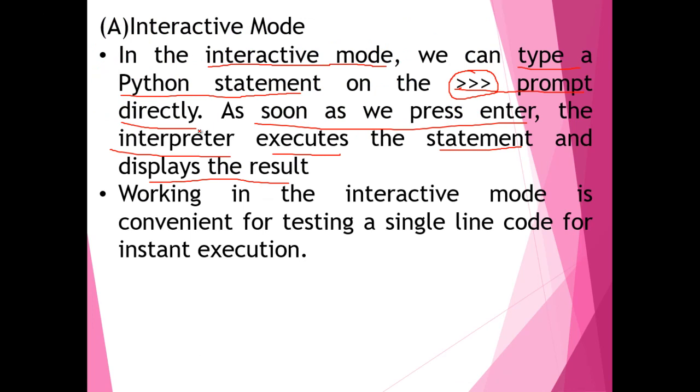Now what will be the next point? Working in interactive mode is convenient for testing a single line of code for instant execution. So whenever you want to check any particular line, you don't have to write the complete program for it. Suppose I give you one example: you have written HTML code also. HTML is basically used for developing websites.